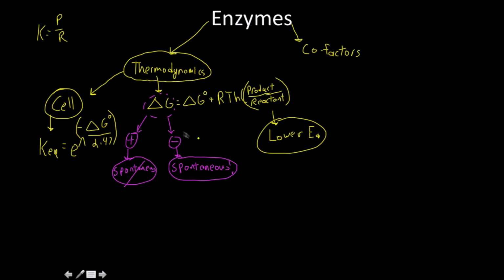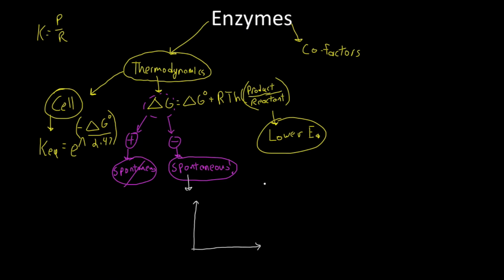Let's talk a little bit, as a review for general chemistry, about spontaneous versus non-spontaneous reactions. A negative delta G means that we have a spontaneous reaction. It doesn't have to be a chemical reaction, it can be a physical reaction or physical phenomenon. So we're going to keep it really simple, and I'm going to use the analogy of me dropping this pen.